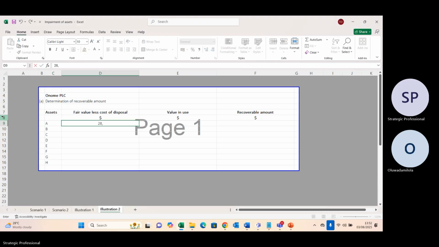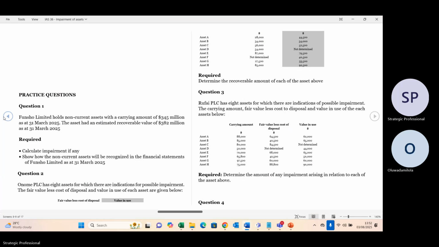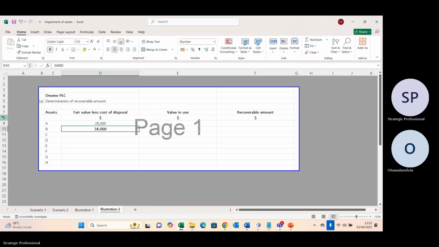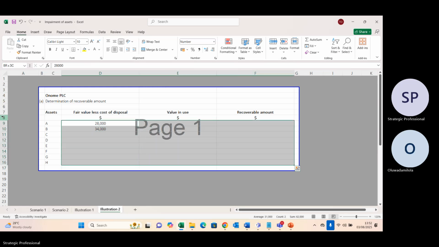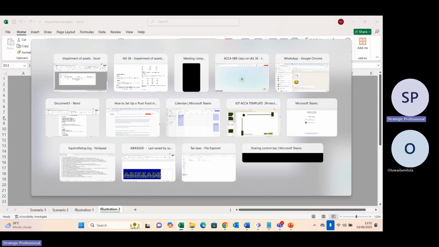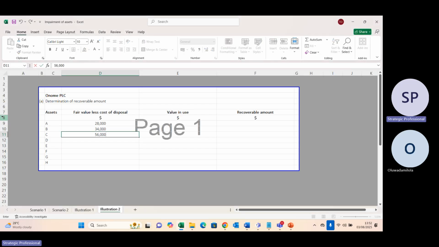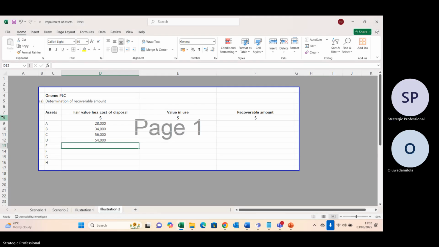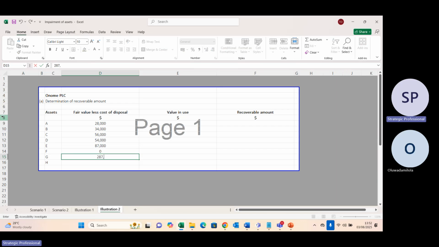28,000, 34,000, 36,000, 54,000, 87,000, not determined. Okay, not determined, you can make it 0. 27,500 and 85,000.